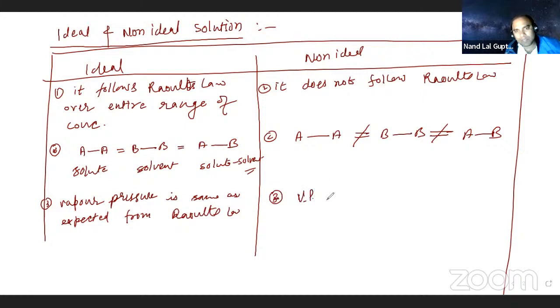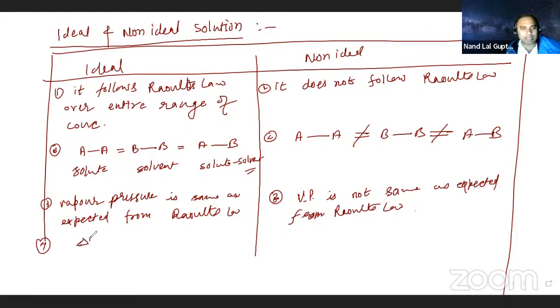Vapor pressure is not the same as expected from Raoult's law. Fourth point. In the ideal case, delta H mixing, no energy will be released.